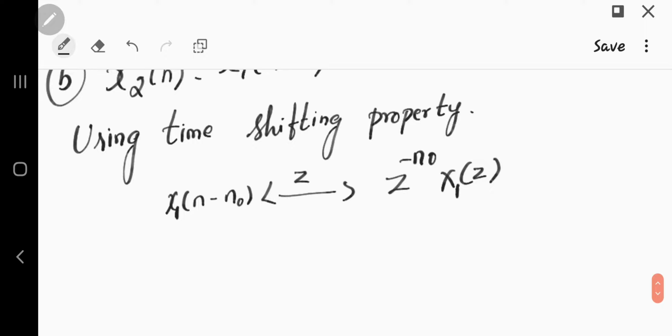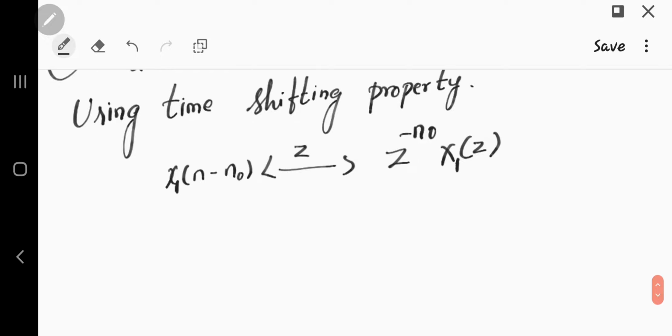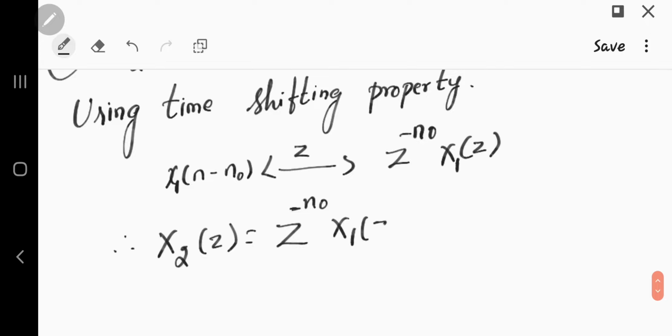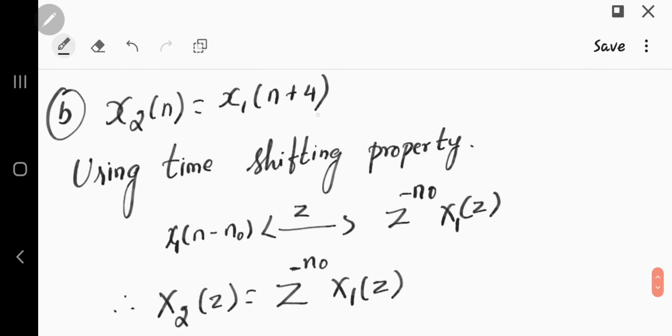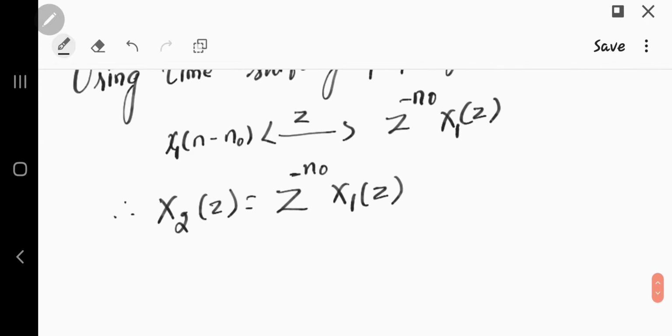So that means z to the power of minus n naught into x1 of z. So therefore, x2 of z is equal to z to the power of minus n naught into x1 of z. Now in place of n naught, we have minus 4. So that gives us z to the power of 4.